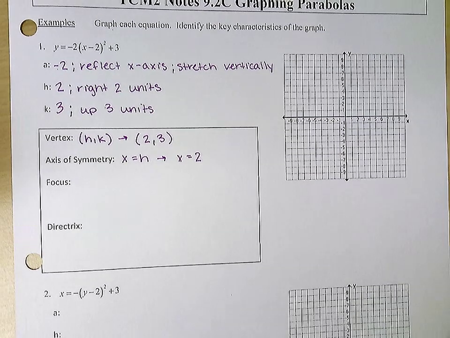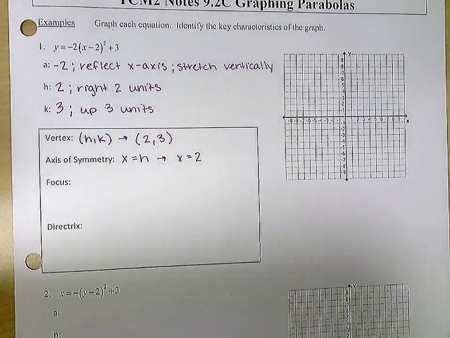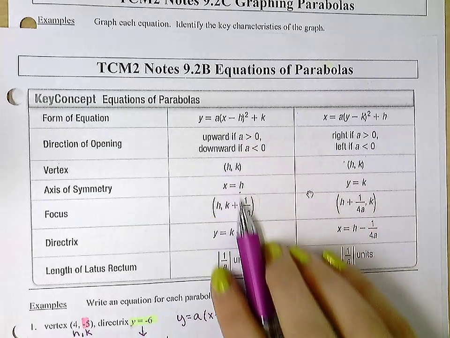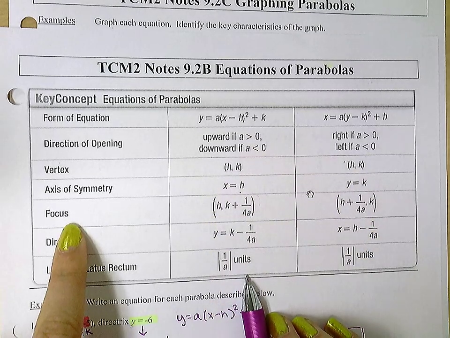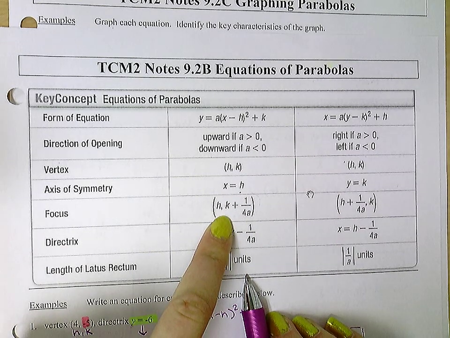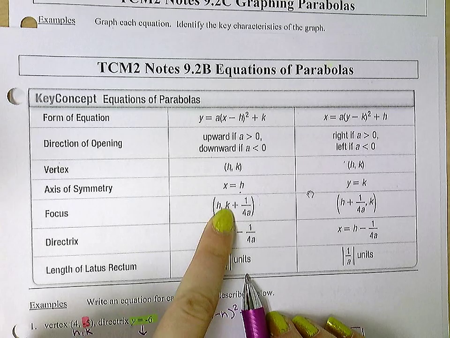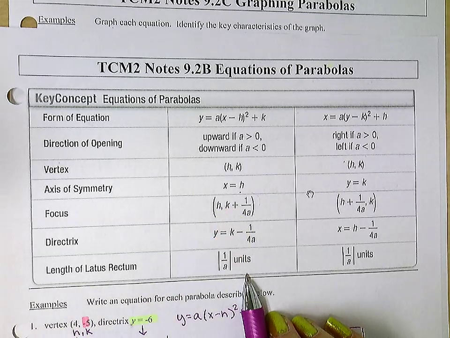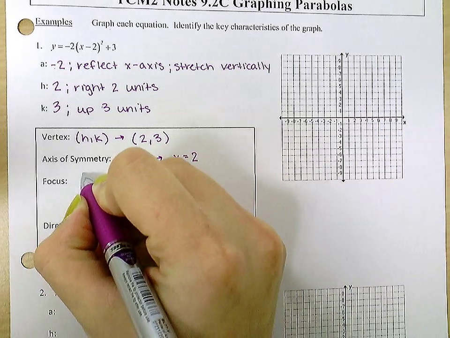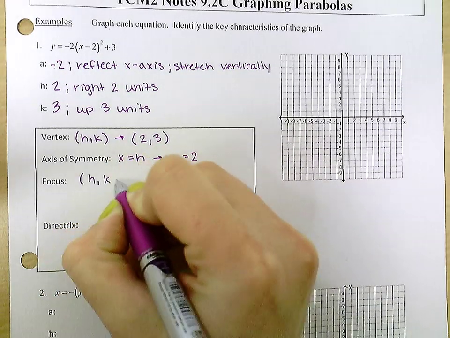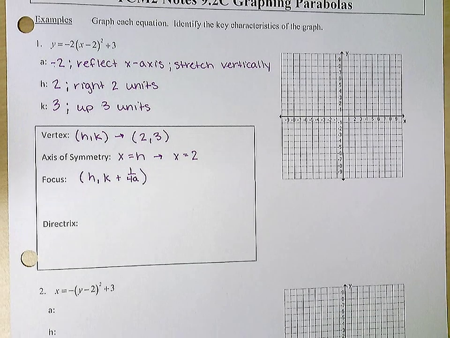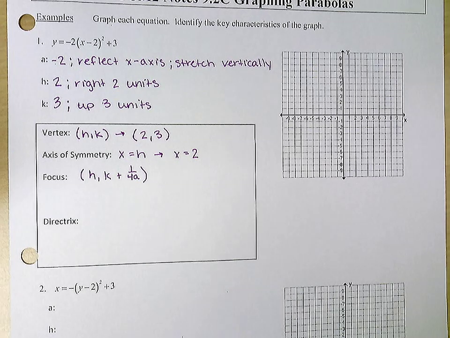Your focus, again, this comes from that chart that I gave you. We're in this column because this is the form we were given. Our focus is here, so this is what I need to use to figure out my focus point. It's at (h, k plus 1 over 4a). I just plug those values in.